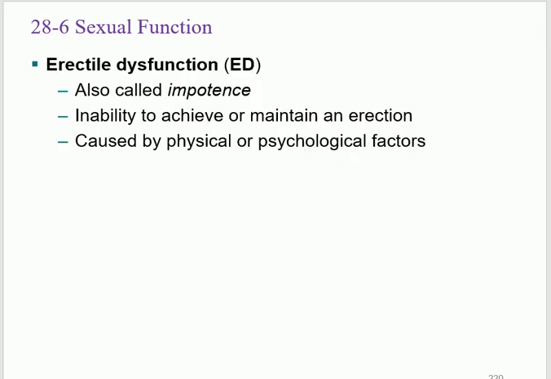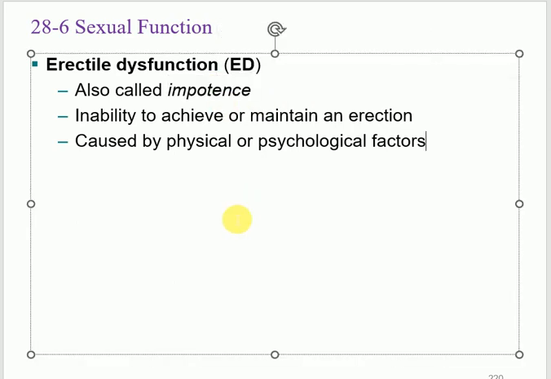Impotence is something different than infertility. Impotence and fertility, these are two different things. Impotence is impotent. Potent means fit, good, everything is working. Impotence means not potent, not working. It's erectile dysfunction.